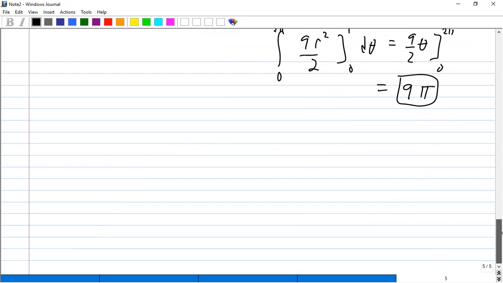I don't know if you remember, but the curl of a vector field F was equal to del cross F. So to find that, you have to do this 3x3 determinant.